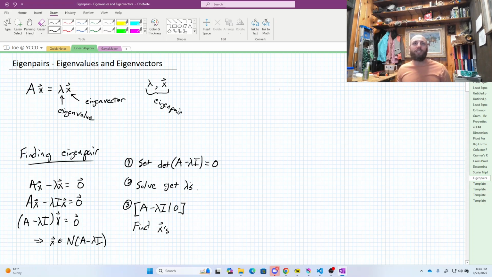So I'm going to take that matrix that I had a minute ago. That matrix I had a minute ago was 3, 2, 1, 4. Right, so this is going to be my example. And my goal is going to be to find the eigenpairs.